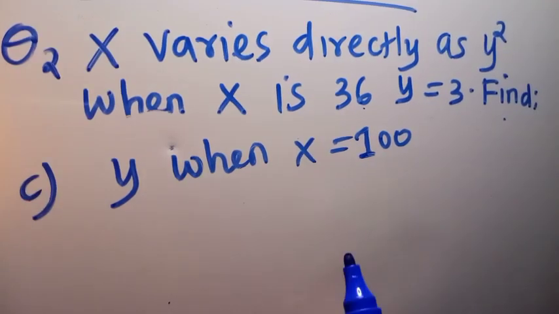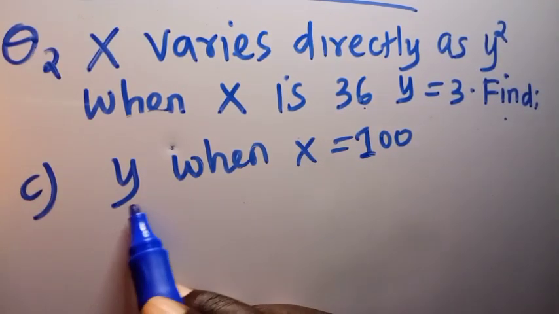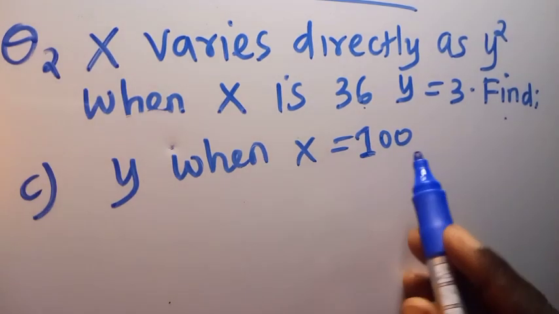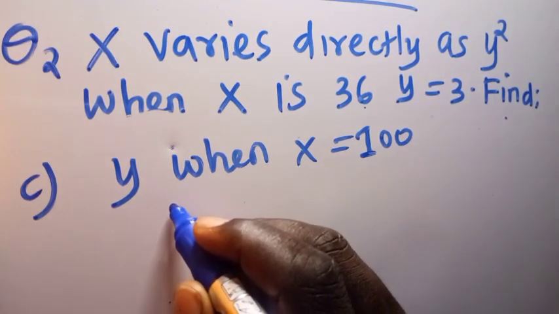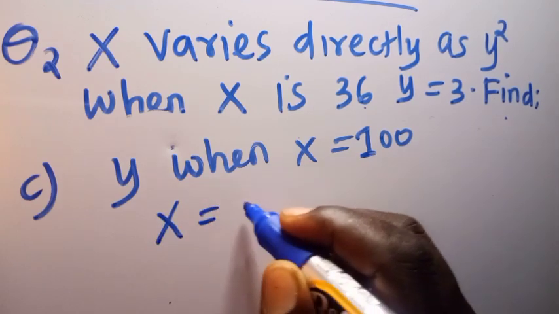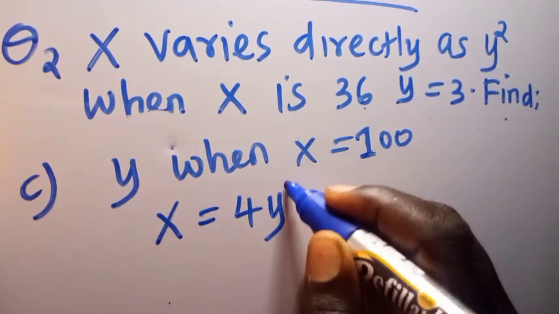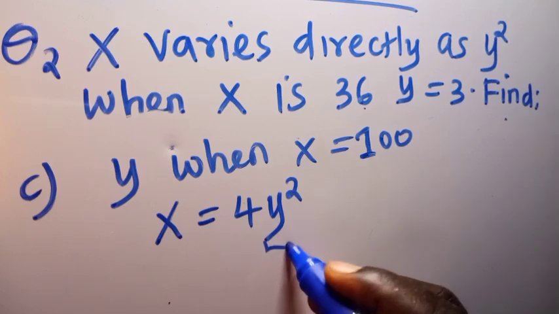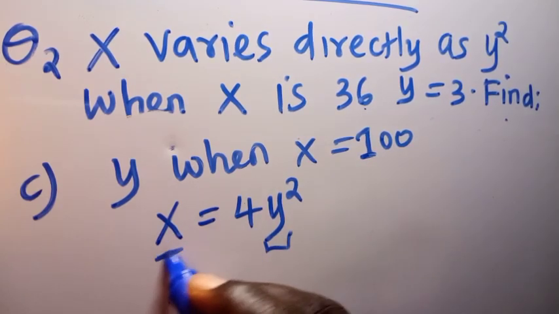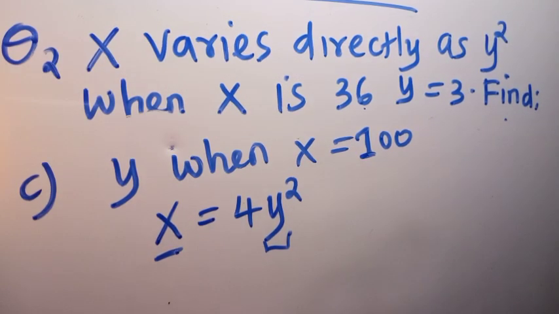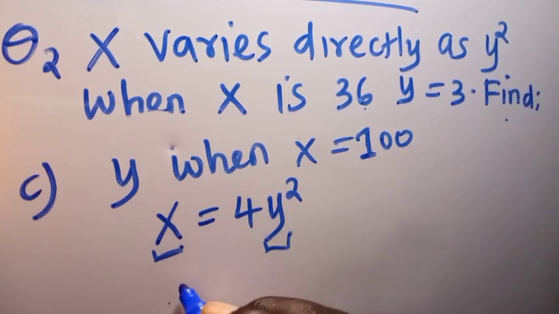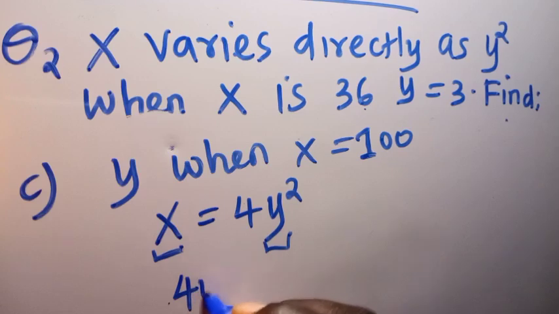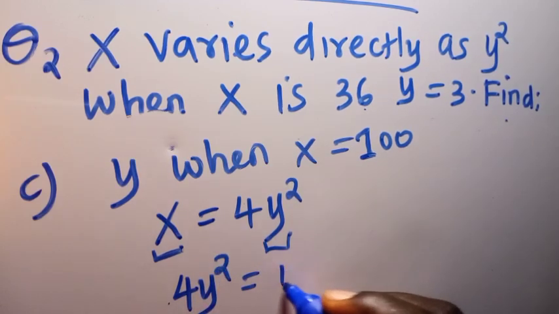Lastly, it is telling us to find y when x equals 100. Our equation connecting x and y was x equals 4y squared. We substitute x with 100, and therefore we shall have 4y squared equals 100.